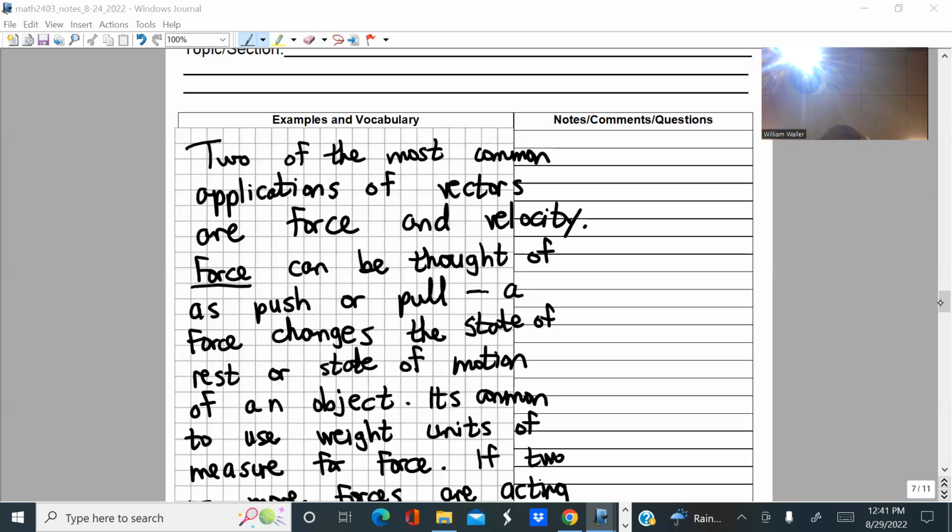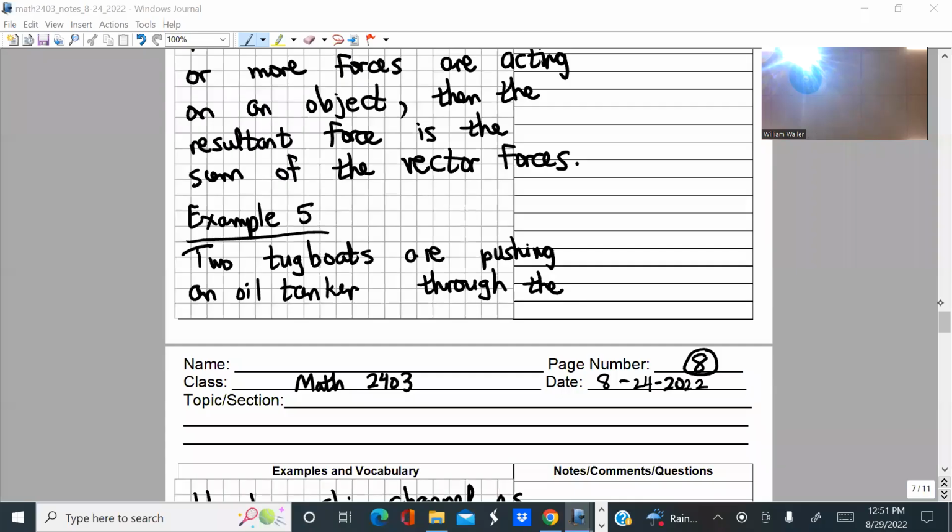And let me stop the tape here for a second. Just pause it. One thing about WebAssign to remember is if it wants decimal approximations, it will usually say, write your answer to 2 decimal places or 3 decimal places. If it doesn't say that, then probably it wants exact answers.